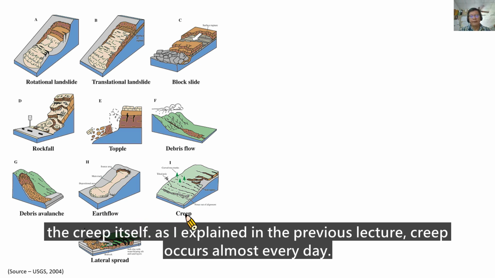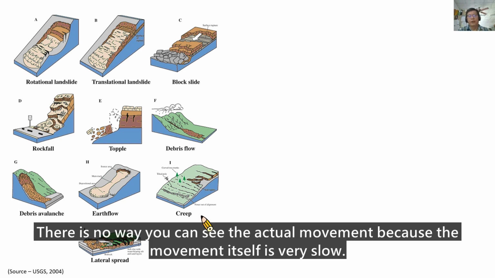The creep itself, as I explained in the previous lecture, occurs almost every day. There's no way you can see the actual movement because the movement itself is very, very slow.